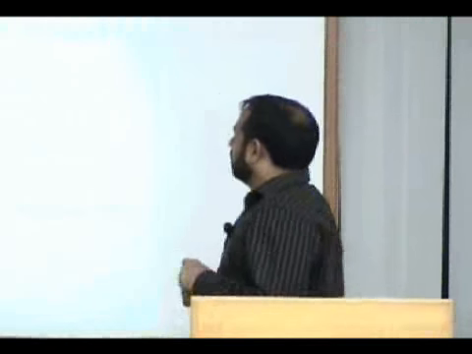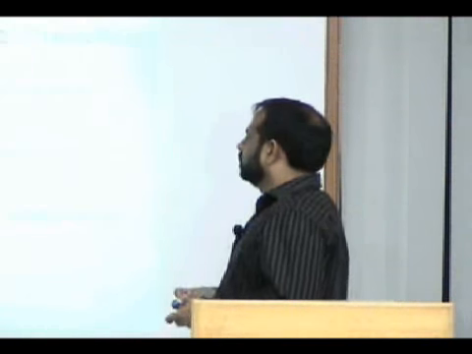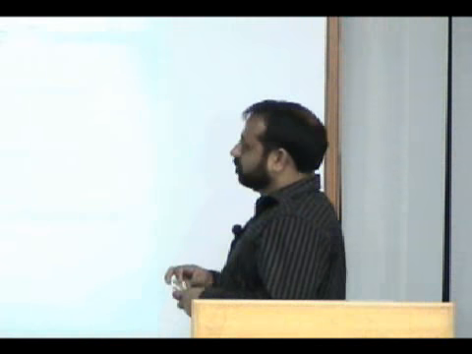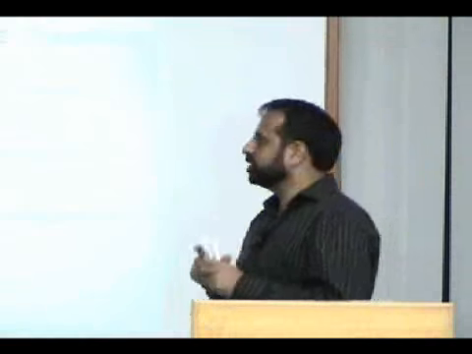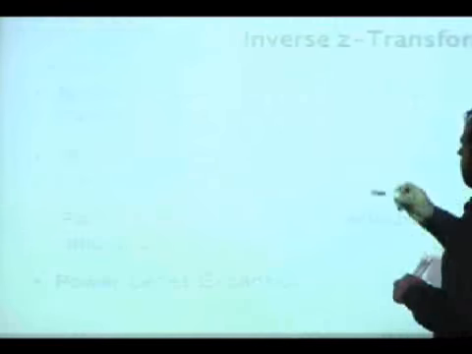So now we will learn how to take the inverse Z transform. The Z transform can be taken as a simple summation formula, so you can use that to compute it. But for the inverse Z transform, there is an integral relationship, the contour integral, which can help you compute it.